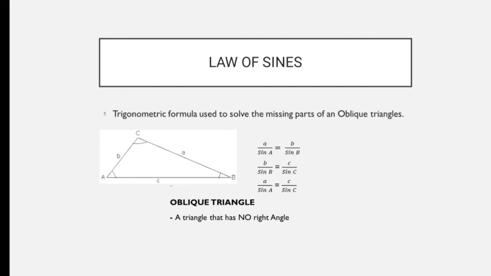And now, as you can see, at the left of our triangle here are the sine laws that we can use to look for the missing sides. And one thing that we need in solving sine law is the scientific calculator, because we need to get the specific values of the angles and sides using the scientific or graphing calculator.